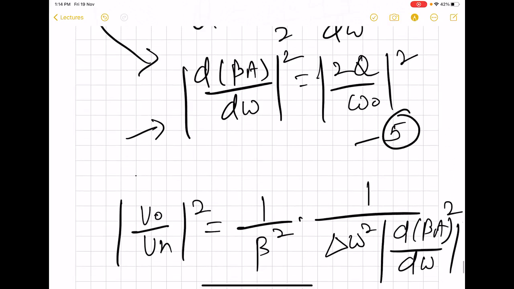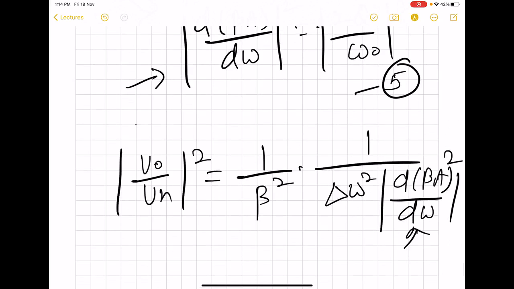Using this equation 5, we can rewrite this factor.